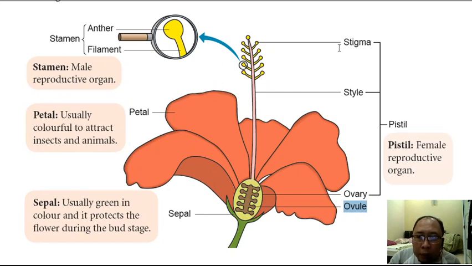So you have to remember, exactly, the stigma is here, not here, at the top part of the style. The label is supposed to be stigma here, because this one is exactly the bottom part of the stigma.